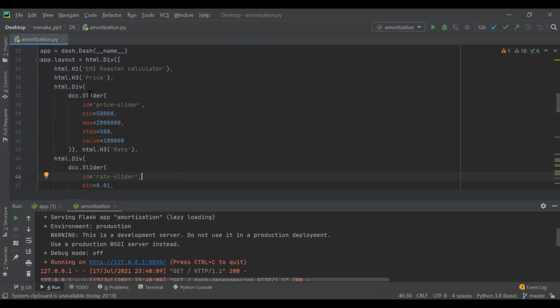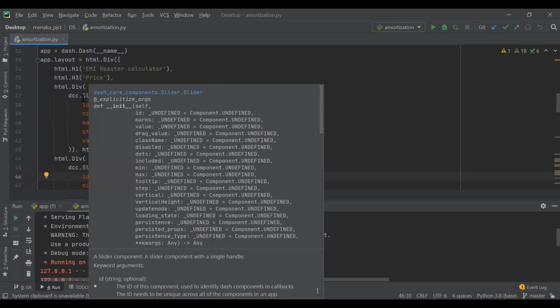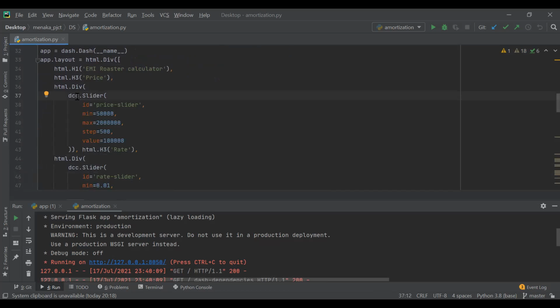With Dash, as I told, it's a dynamic visualizer, right? So I have used a slider here for price and rate. In the price slider, the minimum amount I have taken as 1 lakh and the maximum as 20 lakhs. So my tool will calculate only between loan amounts of 1 lakh to 20 lakh.